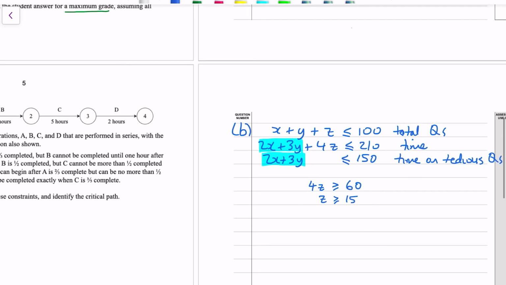So that tells us straight away z is going to be greater than or equal to 15. And then if we put those things into the first constraint, it tells us x plus y has to be less than or equal to 85. The total number of tedious questions must be less than or equal to 85, because we're going to do at least 15 questions of the hard type.